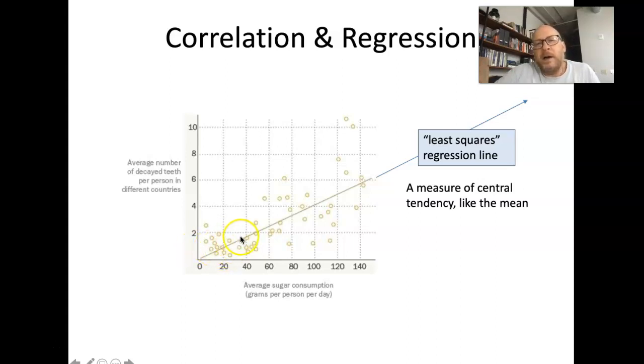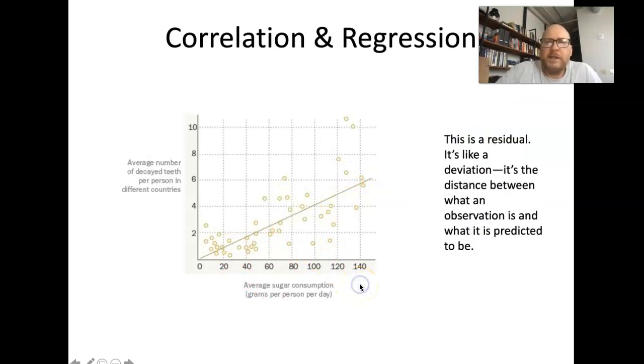And you can see that on average, the number of decayed teeth goes up as the sugar consumption goes up. So that regression line is really telling us, kind of like the mean, that on average, that's where the value of the y variable, tooth decay, is when you're at a certain level of X, sugar consumption.